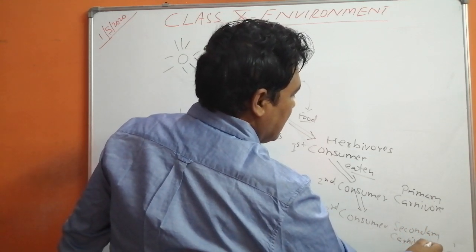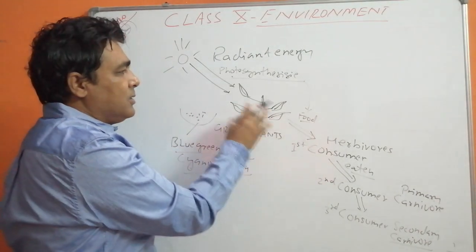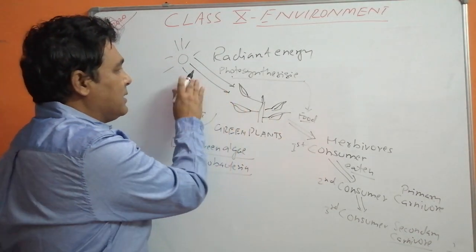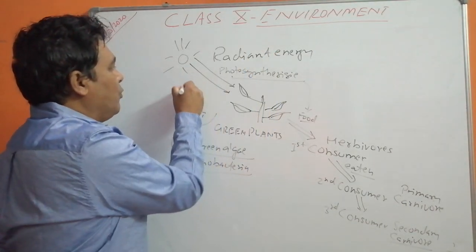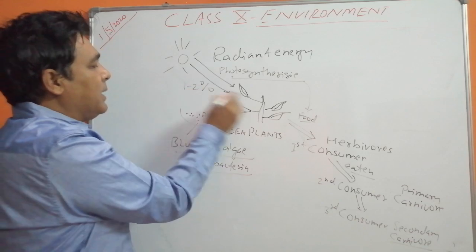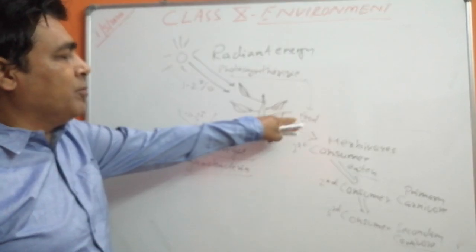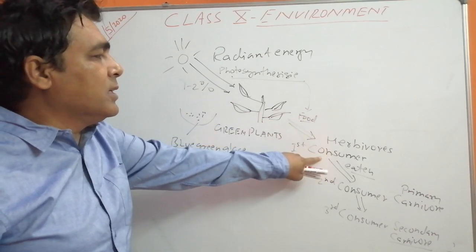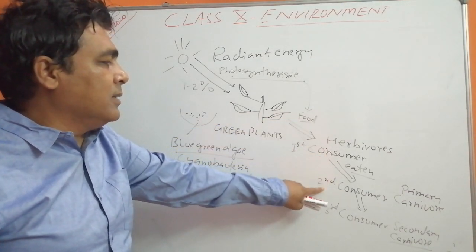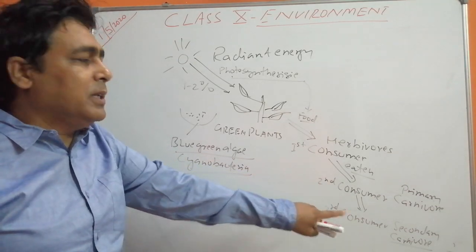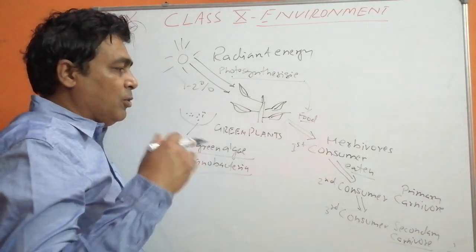As you see, there is a chain where the energy is passing from the sun. 1 to 2% of the energy is passed to the plants. By photosynthesis, plants prepare the food. Then this food goes into the herbivore, then to the second consumer, then to the third consumer, then to the fourth. But not more than that.